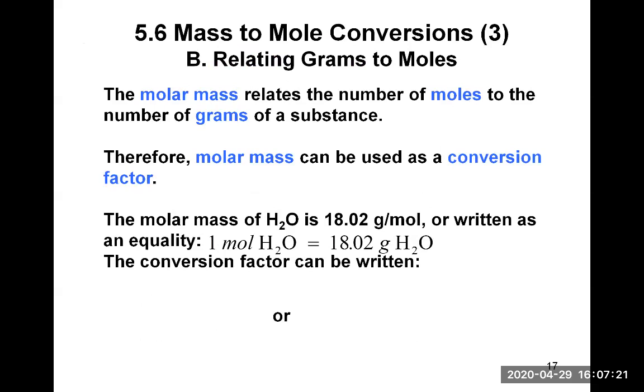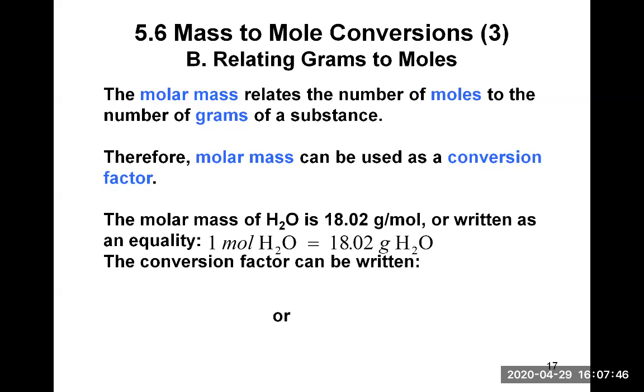For example, the molar mass of H2O is 18.02 grams per mole. And so written as an equality, it's written as 1 mole of H2O is equal to 18.02 grams of H2O. You really should see the molar mass like this and write it like that on your papers.